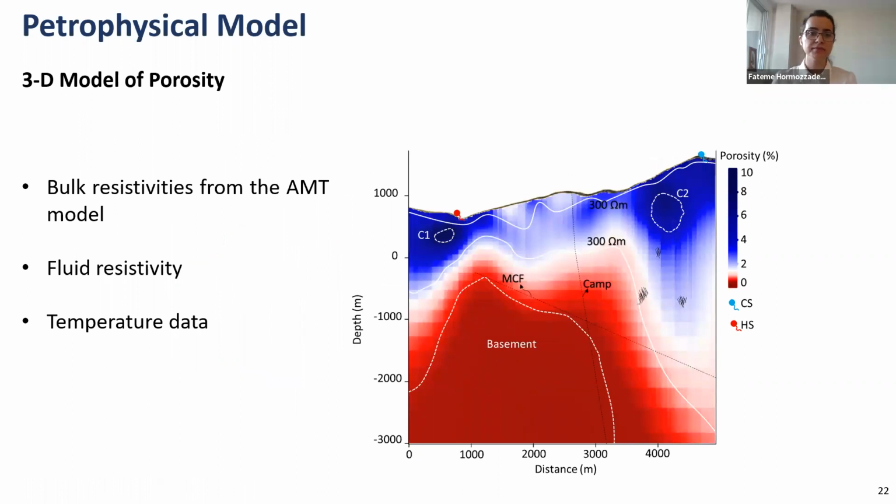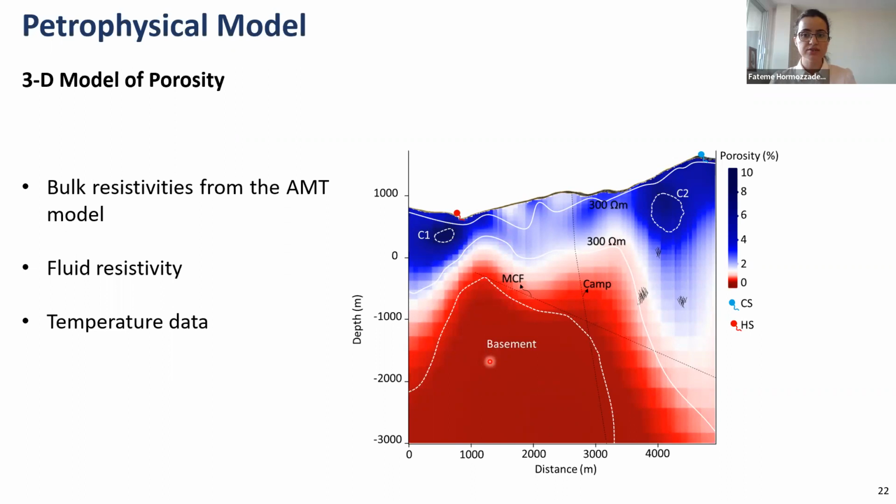So rather than just having a range of porosity like what I showed, since we had the bulk resistivity from the AMT model through the survey area, we can estimate the porosity by propagating the fluid resistivity and also the temperature logs based on the boreholes that we had in the survey, and also Archie's law.